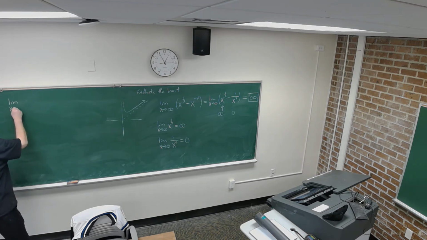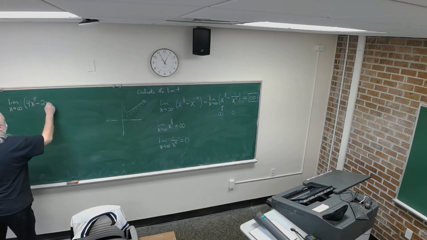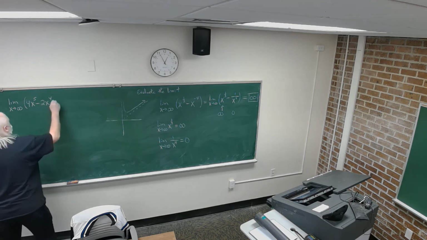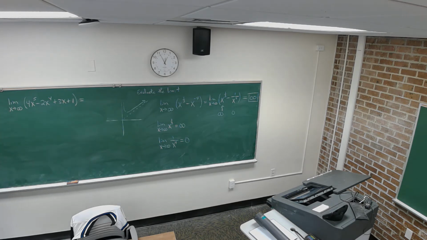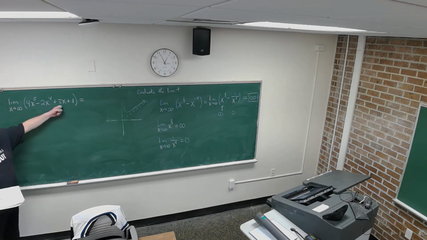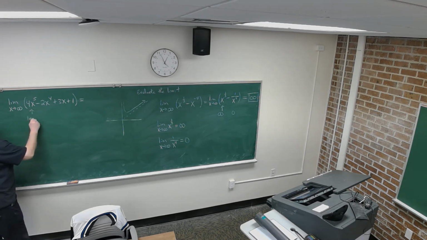The limit as x increases without bound of 4x to the 5th minus 2x to the 4th plus 3x plus 1. Well, that's a polynomial in parentheses. In determining the behavior of this polynomial as x increases without bound, we don't care about the minus 2x to the 4th plus 3x plus 1, because 4x to the 5th is the leading term.